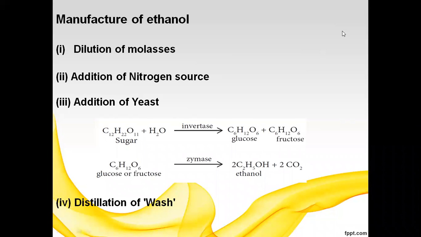Before these steps, ethanol is a byproduct obtained during the manufacture of sugar from the sugar cane. Okay. So molasses is a dark colored syrupy liquid.